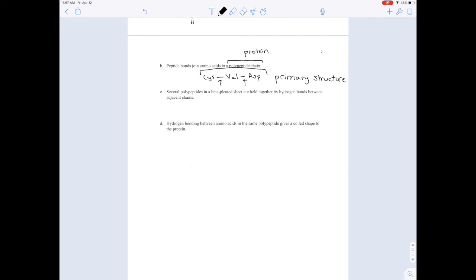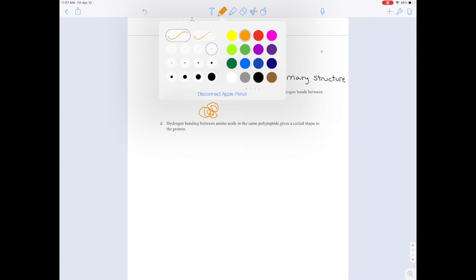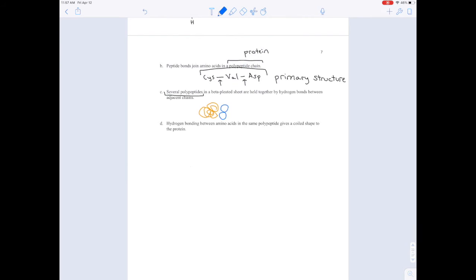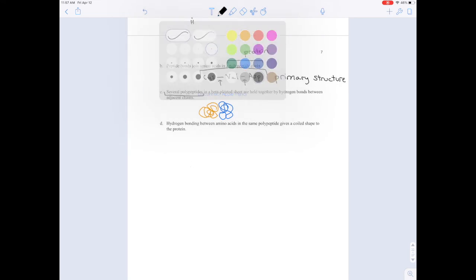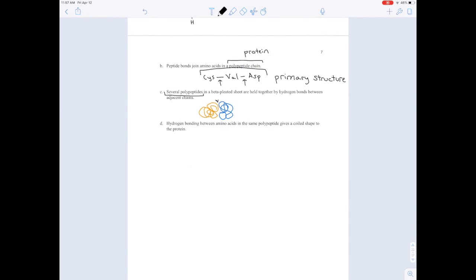The next one, C, says several polypeptides in a beta-pleated sheet are held together by hydrogen bonds between adjacent chains. Now this one could be interpreted in a couple different ways, but because they say that there are several polypeptides, for example, you might have one polypeptide here that's all folded up, and another polypeptide here that's all folded up, and they have beta-pleated sheets in them. They said that they're being held together by hydrogen bonds. Remember, hydrogen bonds are not actually bonds.